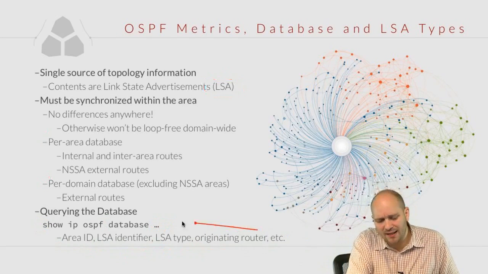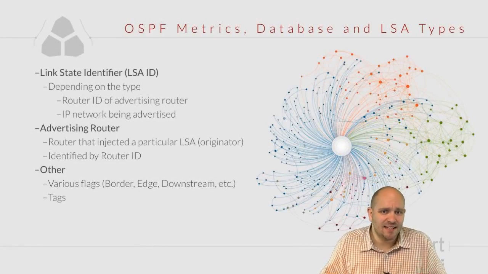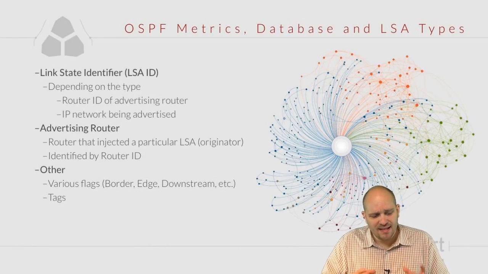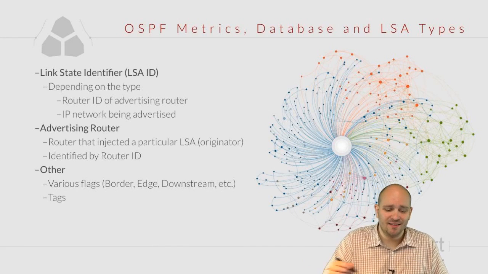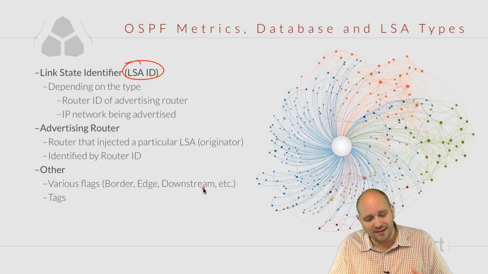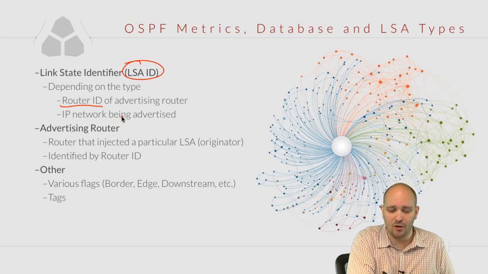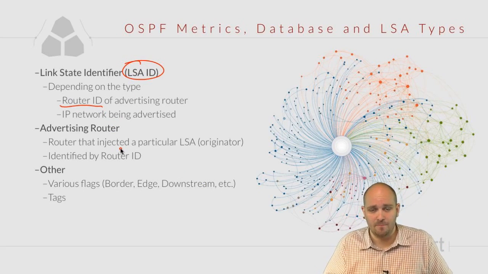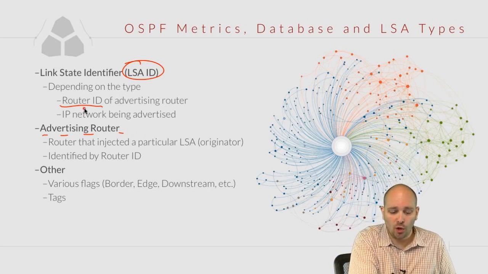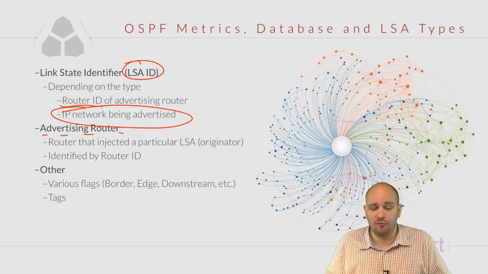So let me explain these terms a little bit. Each LSA is identified in the database with several components. These components are primarily the link state identifier, which can be a different thing depending on the type of LSA. It can be either the router ID of the router that injected this LSA, which is also called the advertising router, which I'm going to talk about in a moment, or depending on the LSA type, it can be the network being advertised.